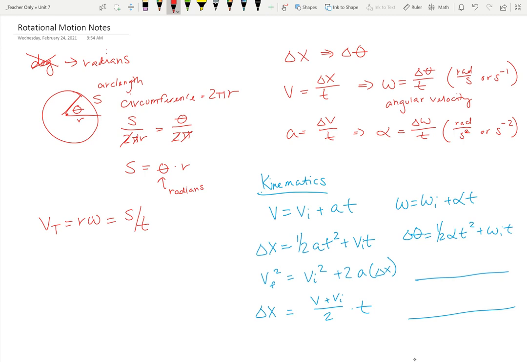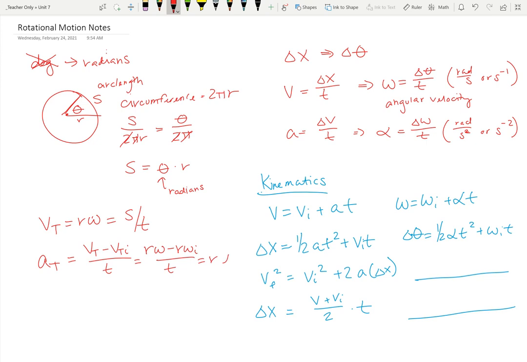And then we know that acceleration, tangential acceleration, is the change in velocity over time. So that's going to be Vt final minus Vt initial over time. And that's going to be R omega final minus R omega initial over time.